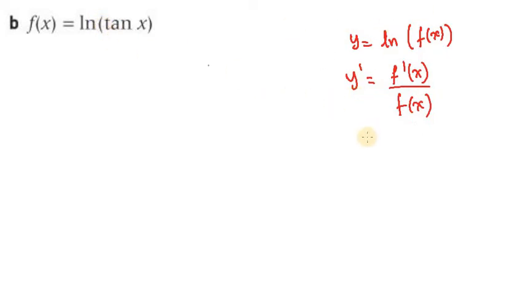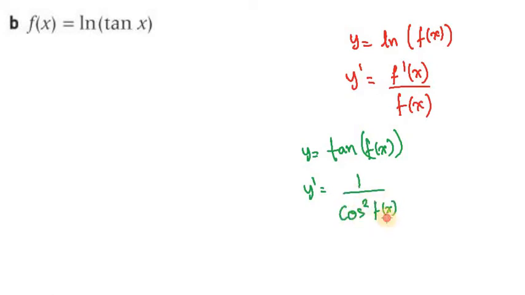And then if we have tan f(x), let's say y equals tan f(x), so y' will be 1 over cos square f(x) times the derivative of f(x), so f'(x). So that's the side note that we will use for us to solve this question.